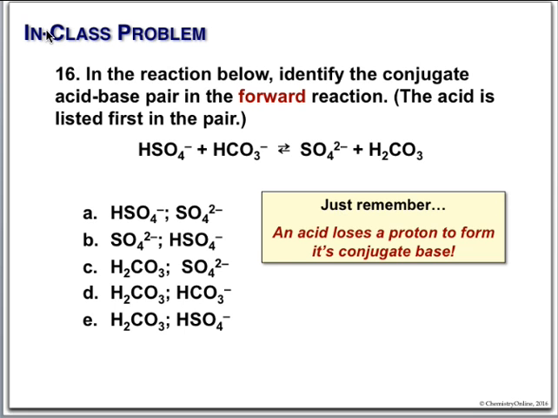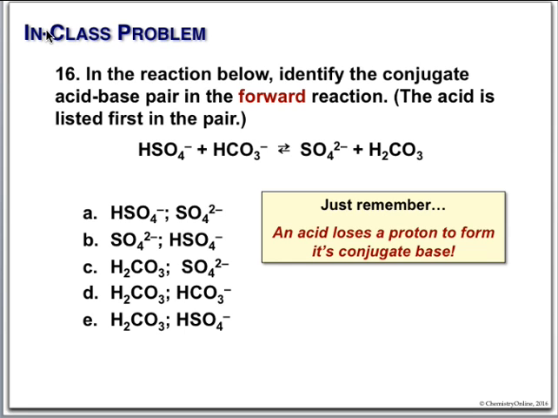So the base will have one more negative charge. So remember that. Acid loses a proton, that's a plus thing. Form the same compound, but with one less proton, one less positive charge.